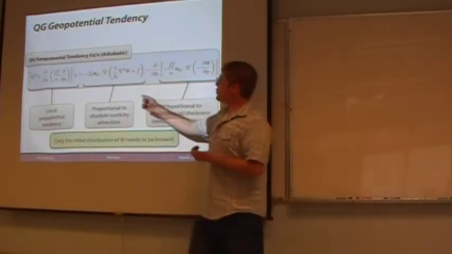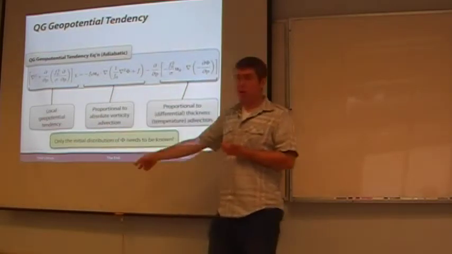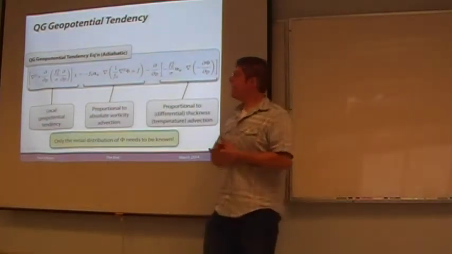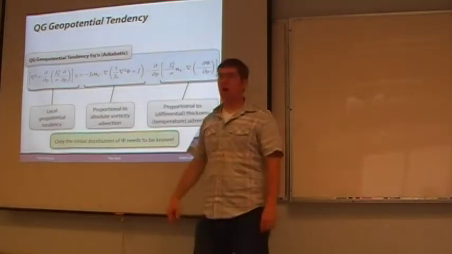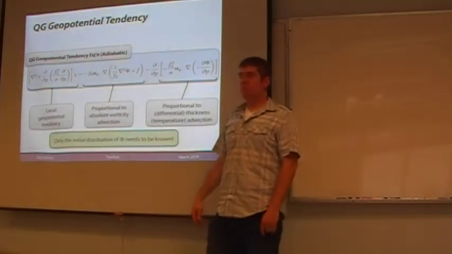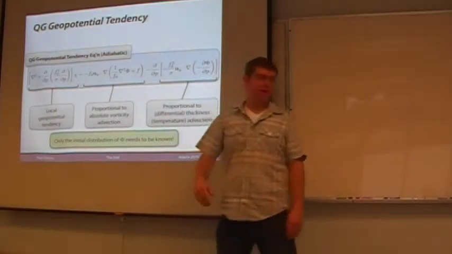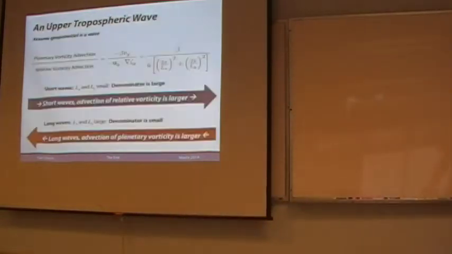So the first term is responsible for propagation of a wave. This term is responsible for intensification of a wave. This term tends to be prominent along the sloping branch of a wave.